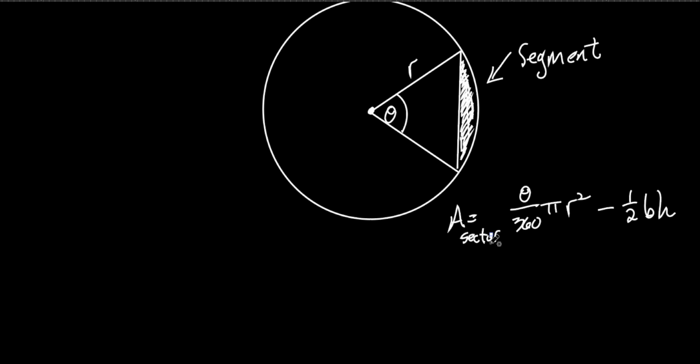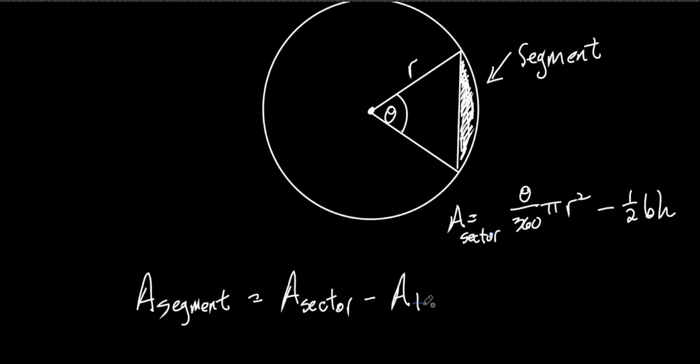So how do I find the area of a segment? I find the area of the sector, and then I take away the area of the triangle. Everybody see that?